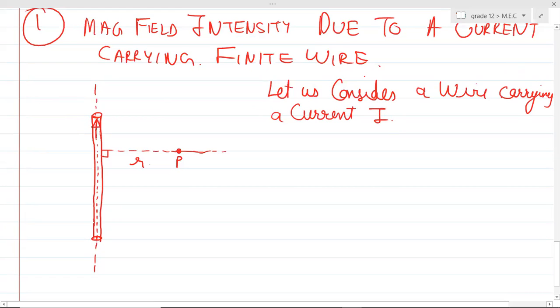The current is I. And let's say the angular limits are alpha and beta.